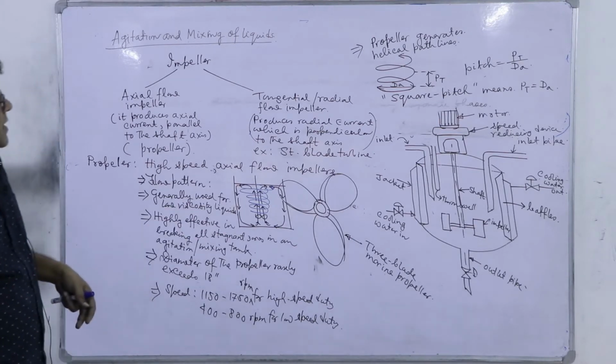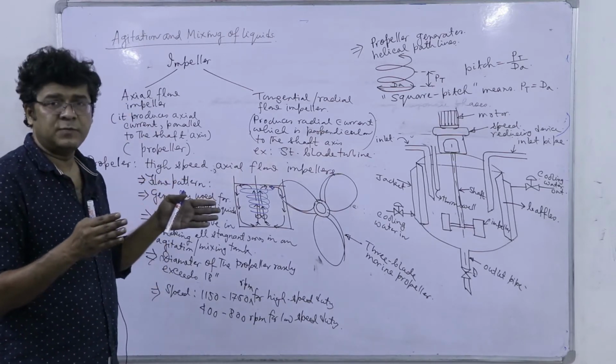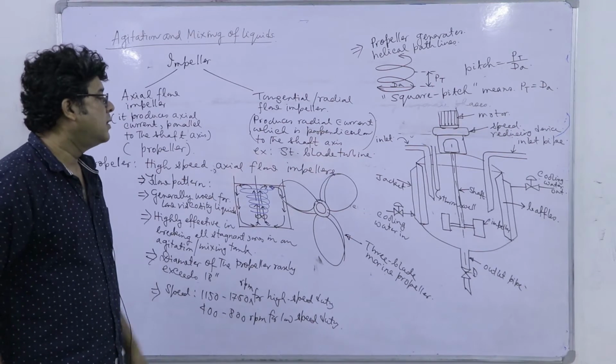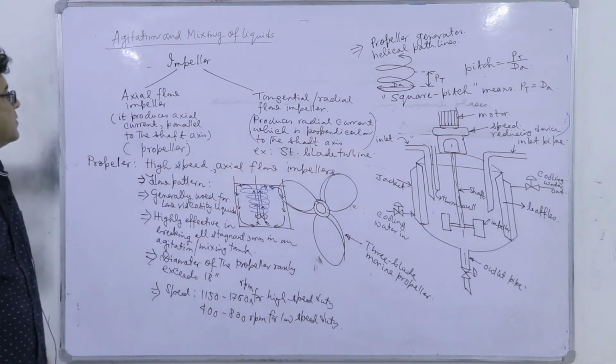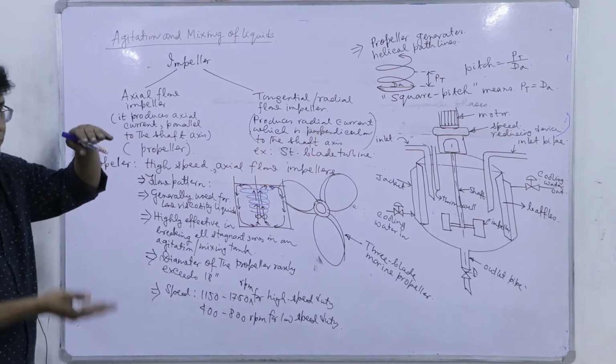Now, in deep tanks, the diameter is much lower compared to the height. We can use multiple propellers mounted on the same shaft, right. They are mostly equispaced.